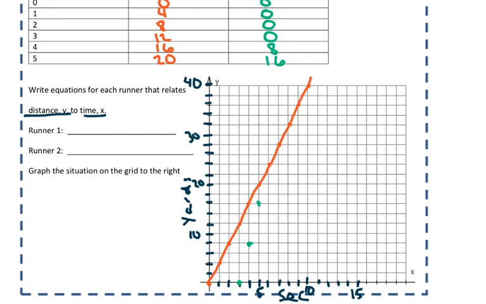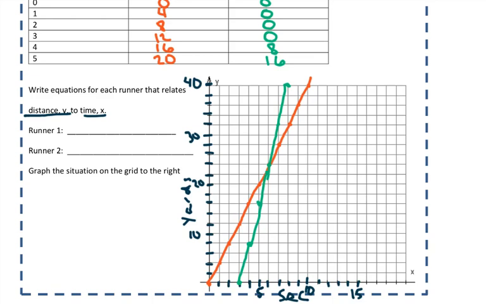And then if I continue that pattern, I will continue up 8 yards every second. And I will have that graph. So let's go ahead and connect those dots. Okay, so that represents the scenario.